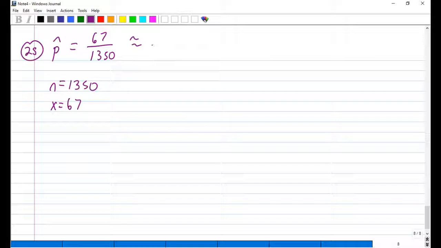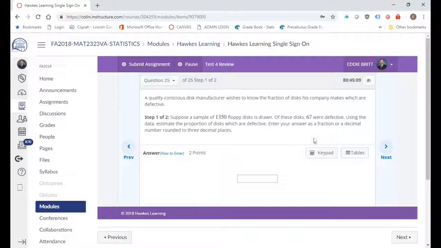And when you do that in a calculator, you get about 0.0496293, and so on and so forth. Let's see what it wants us to round this to. It says to round to 3 places. So if I round to 3 places, that's rounding that 9, so that's going to go up to 0. So it's 0.050 when you round to 3 places.